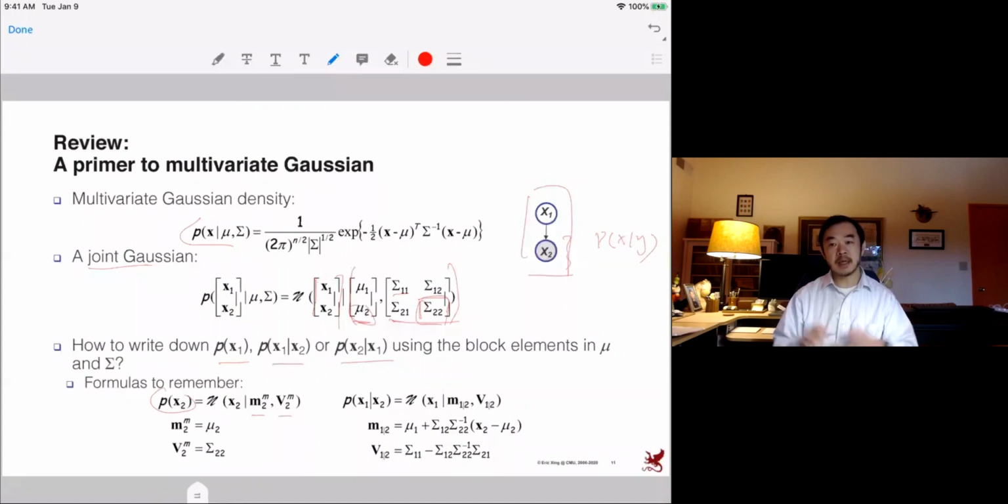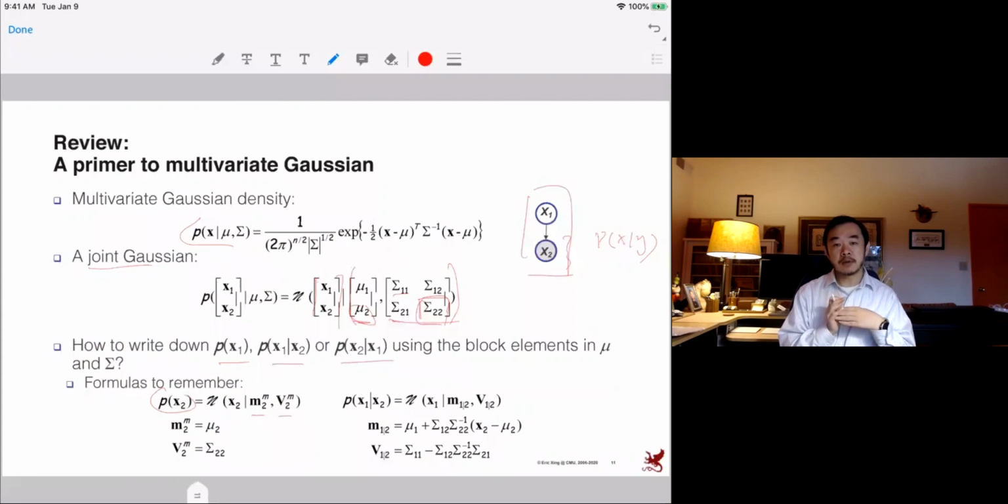Well, we know that under a joint Gaussian distribution, any marginal of a subset of the variables or any conditional of a subset given another subset are all Gaussian distributions. This is a fact that people proved a long time ago.